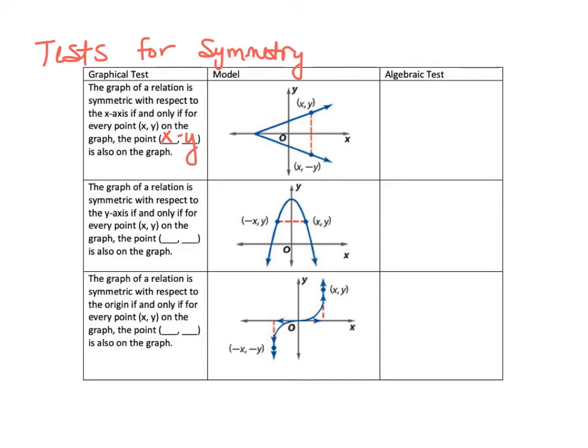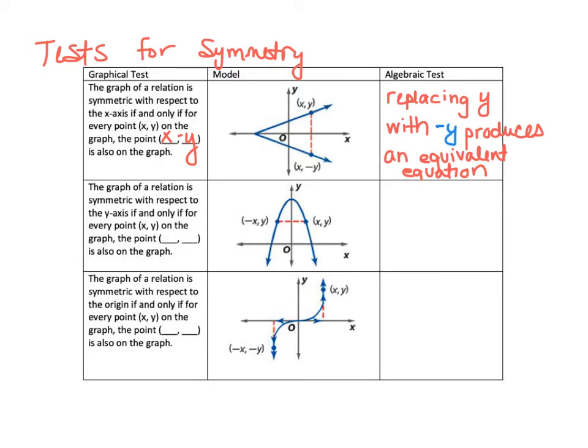Now, algebraically, how do you test? What you do is you replace y with the opposite of y, and it produces the exact same equation when you simplify it. The second type of line symmetry is symmetry with respect to the y-axis.